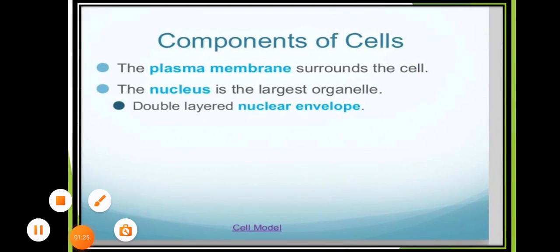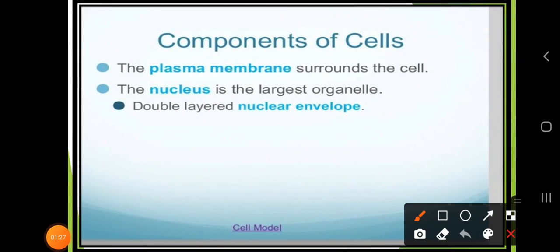Now let's discuss the components of the cell. The first thing we have to study is the plasma membrane. In the cell, the plasma membrane surrounds the cell. As well as, the nucleus is the largest organelle in the cell.